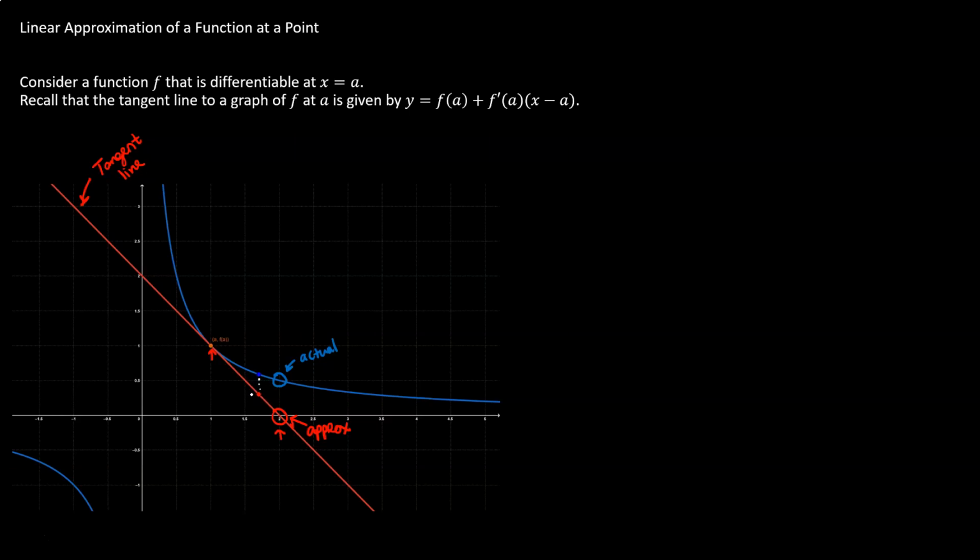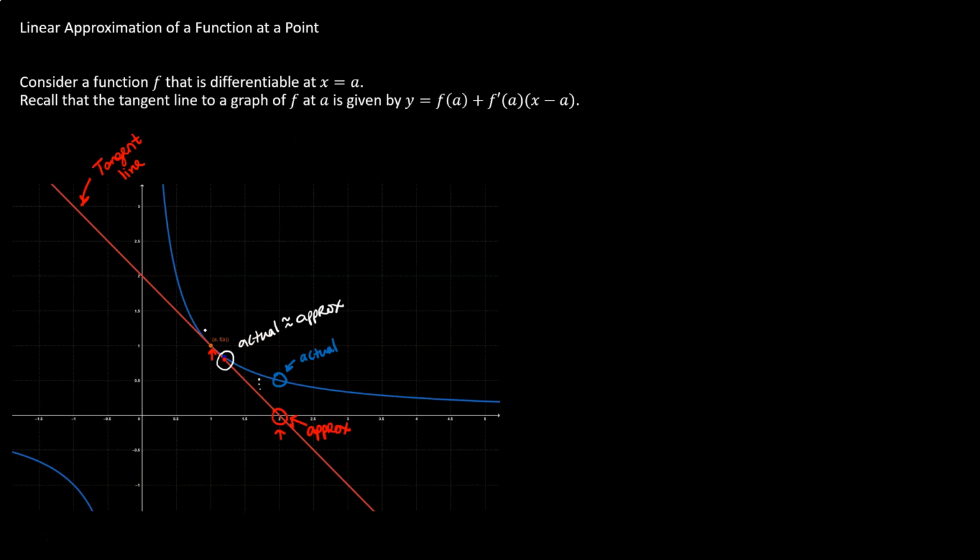And if we were to go even closer to the gold point, the actual and approximate are very similar. And so we can use this idea that a tangent line will give us a good approximation of the actual function value, so long as we stay in a local area.